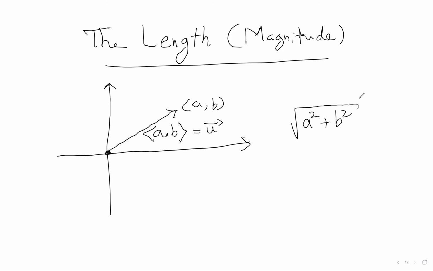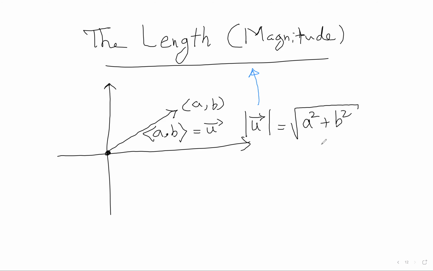The notation that we use for showing the length is like the absolute value sign. Like here, but for vectors we don't say absolute value, we say length or magnitude. So this notation here means the length or magnitude of the vector u.